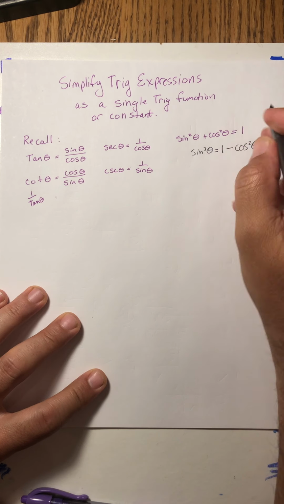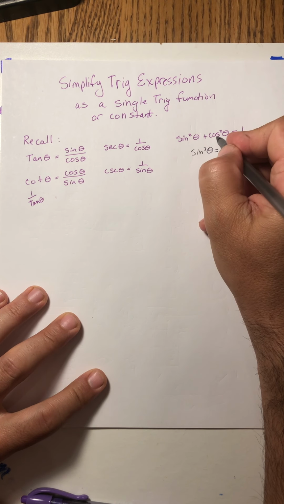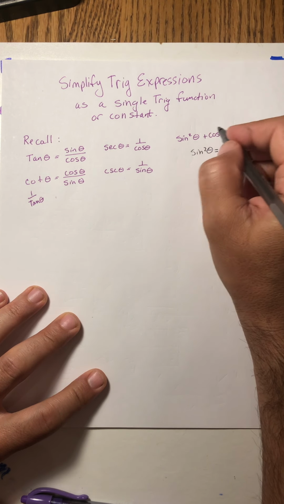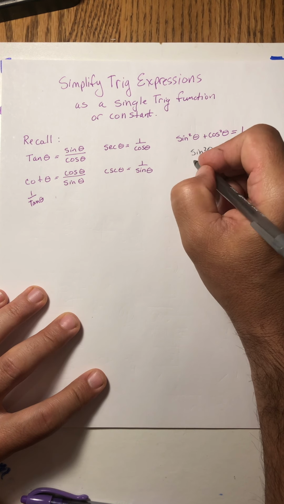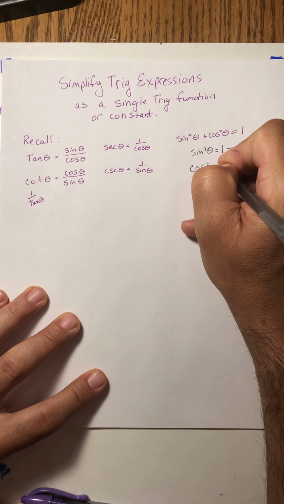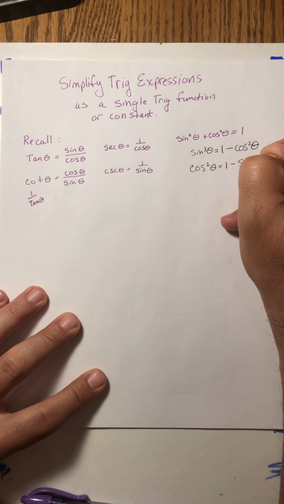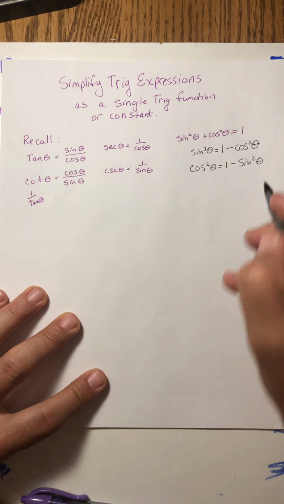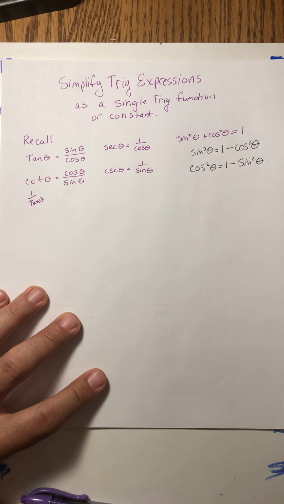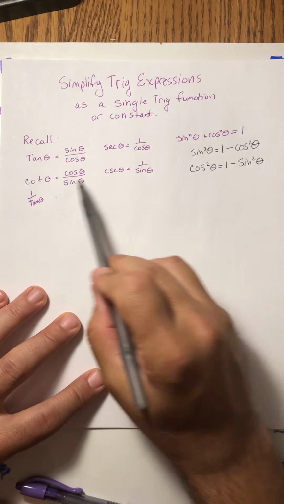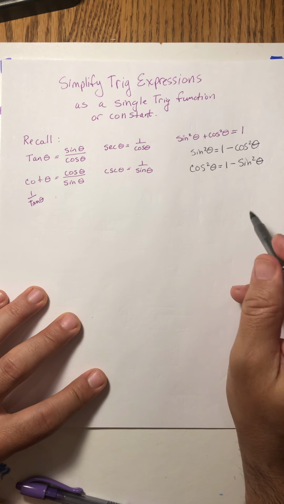We have to know this. And we can rewrite it in terms of sine, getting the cosine squared all by itself. Cosine squared of theta equals 1 minus the sine squared of theta. Okay, so this is the stuff that we need to know. You need to memorize this.